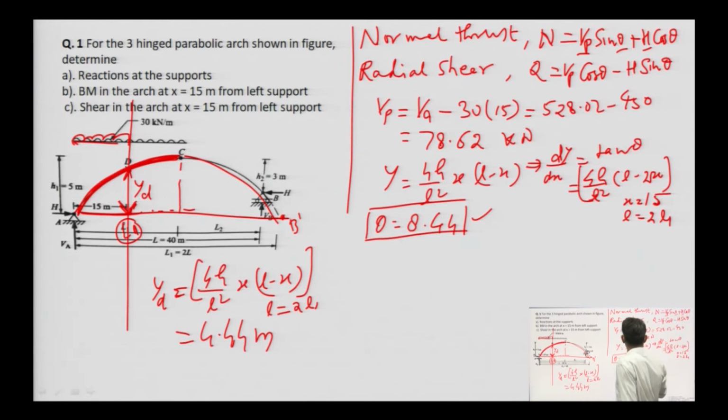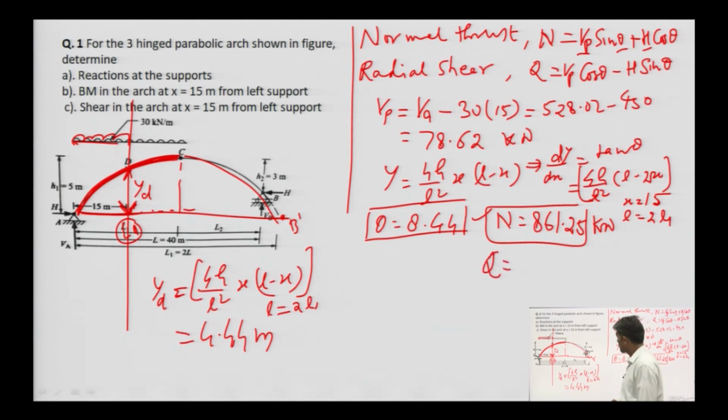So, we can calculate the value of N. By putting in, you will have the value as 861.25 kilo Newton, this is the value of N, and the value of Q you will get as minus 48.3 kilo Newton, that is the value of shear.